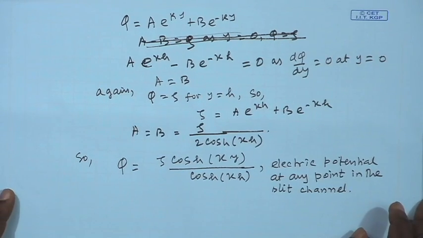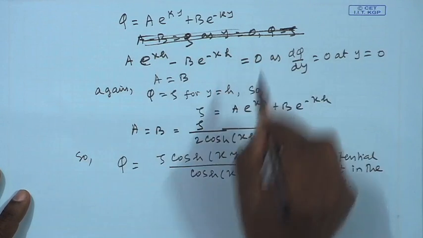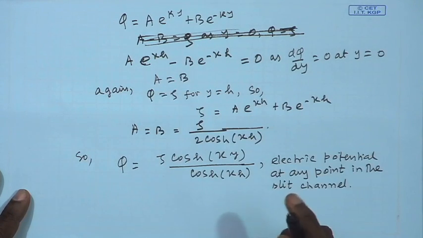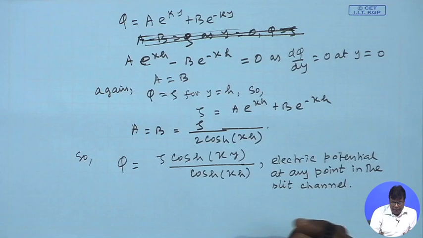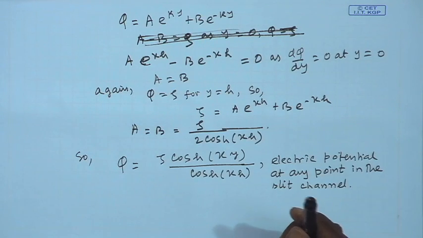Now we need to find the velocity, which we refer to as the electroosmotic velocity or EOF velocity, from the balance of the electric body force and the frictional drag. So, that will continue in the next lecture.